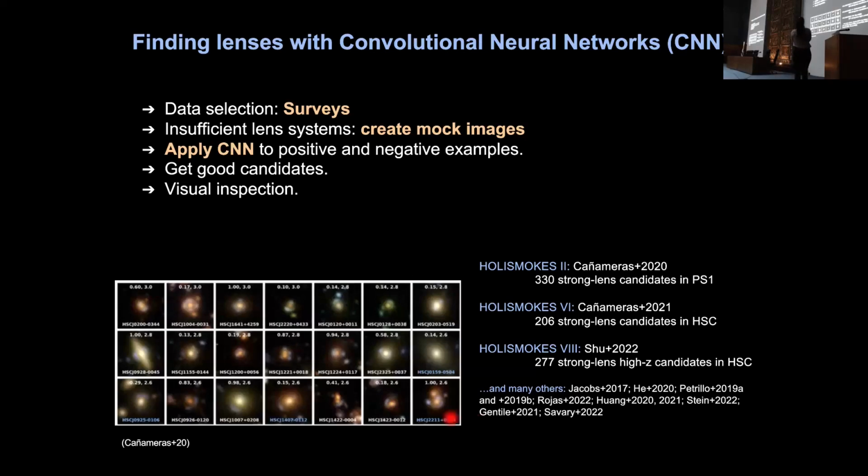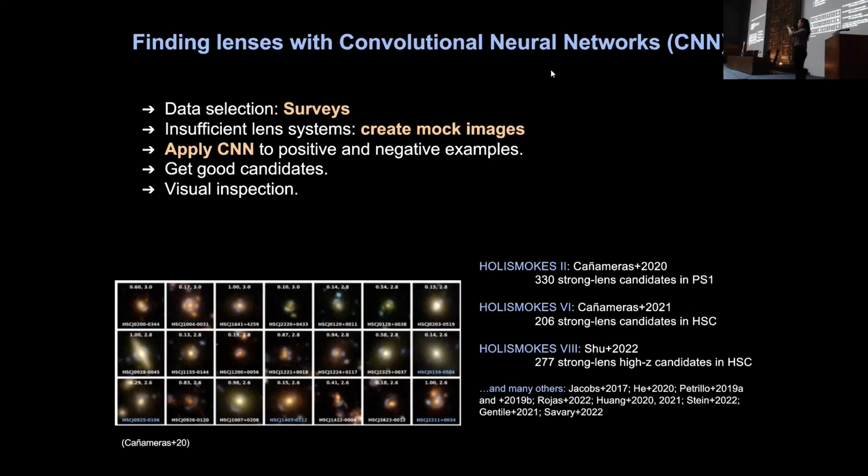There has been much work in Holismokes and by many others using different systems and methods. But what we are trying to do right now with my group is to see if using the colors, for example from LSST or the Legacy Survey, is enough to detect these lens systems, or if combining them with high image resolution, for example HST or Euclid, could be better.